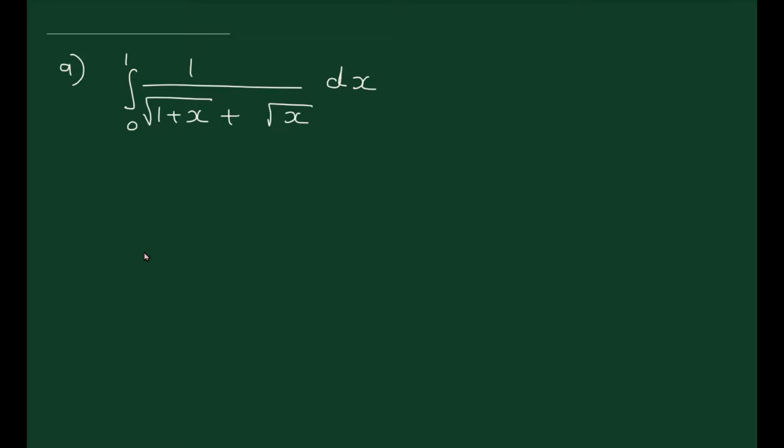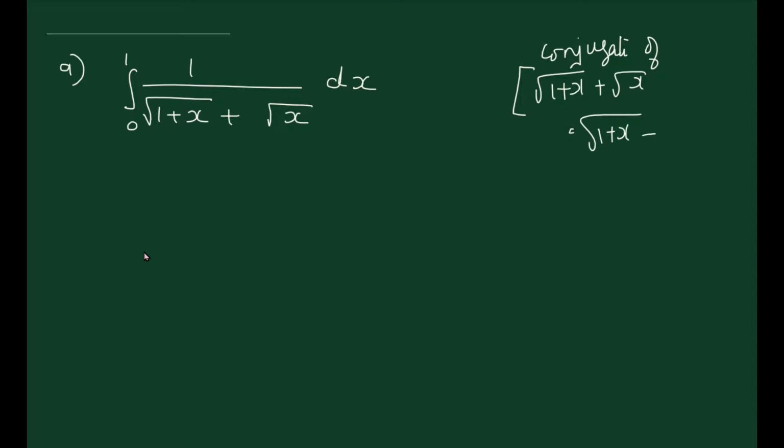Now the conjugate of root of 1 plus x plus root x, the conjugate of this term. I'm just reminding you, there is no need to write this in the exam time. Okay. So conjugate of this is actually root of 1 plus x minus root x. So we multiply and divide by this particular term over here.